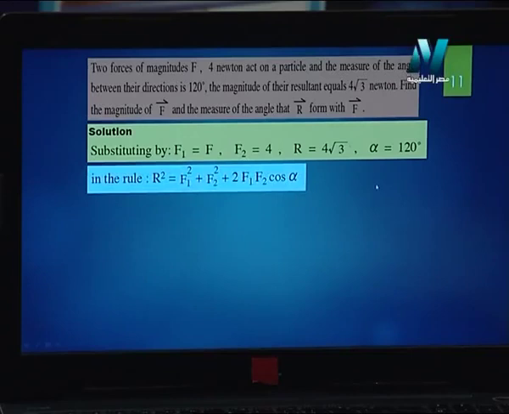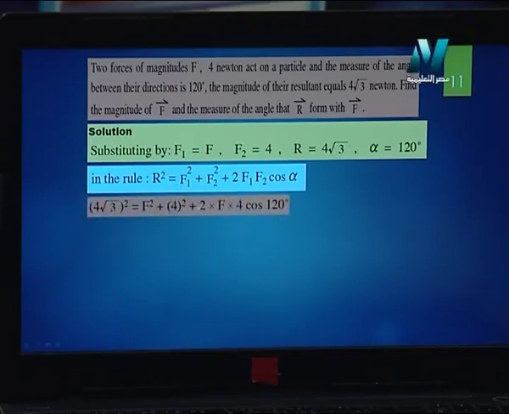In the rule, R power 2 equals F1 power 2 plus F2 power 2 plus 2 F1 F2 cosine alpha. Some of you asked me, why didn't we put the square root here? My dear students, when you have the unknown inside the right part, it's preferable to put R power 2 to get rid of the square root.